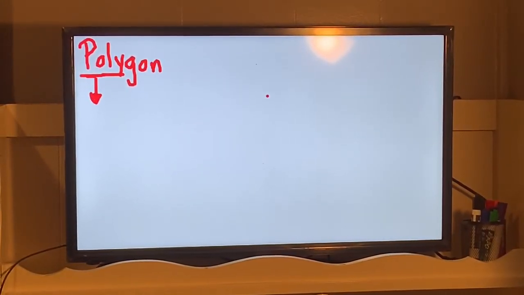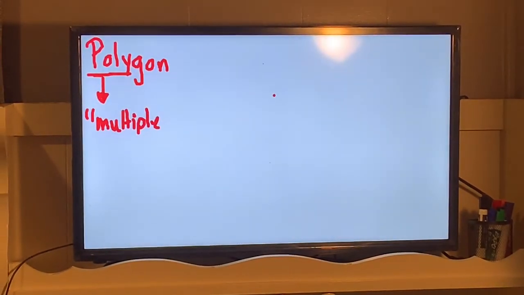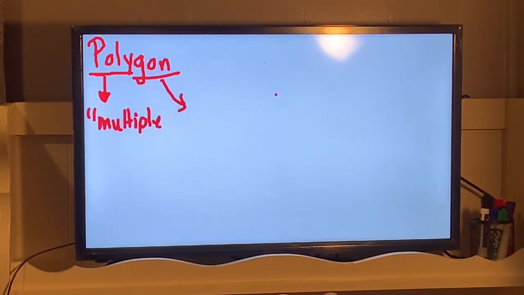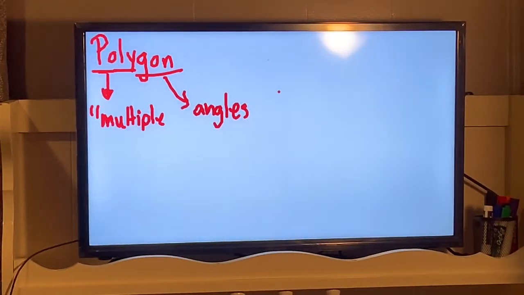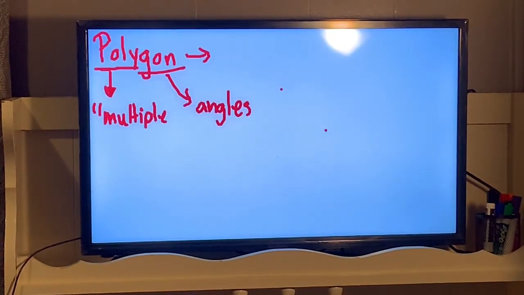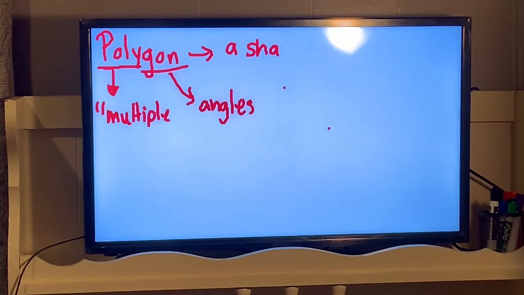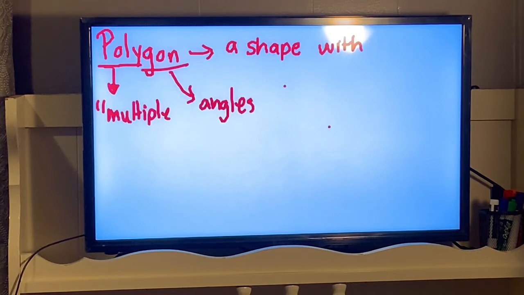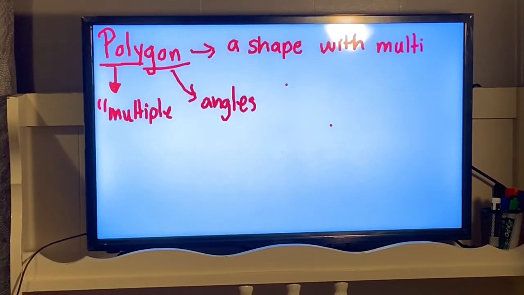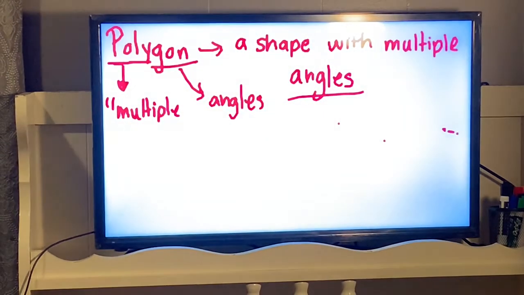So poly means multiple, and then gon just means angles. So if we put these two together, our definition of a polygon is a shape with multiple angles.